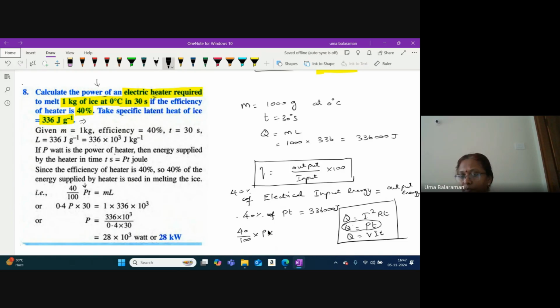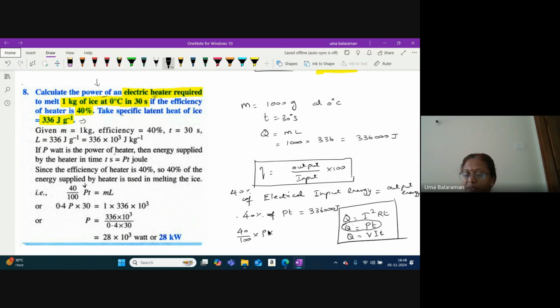You want to substitute there. We don't know input energy. Output energy we know, and percent efficiency also we know. Into time.